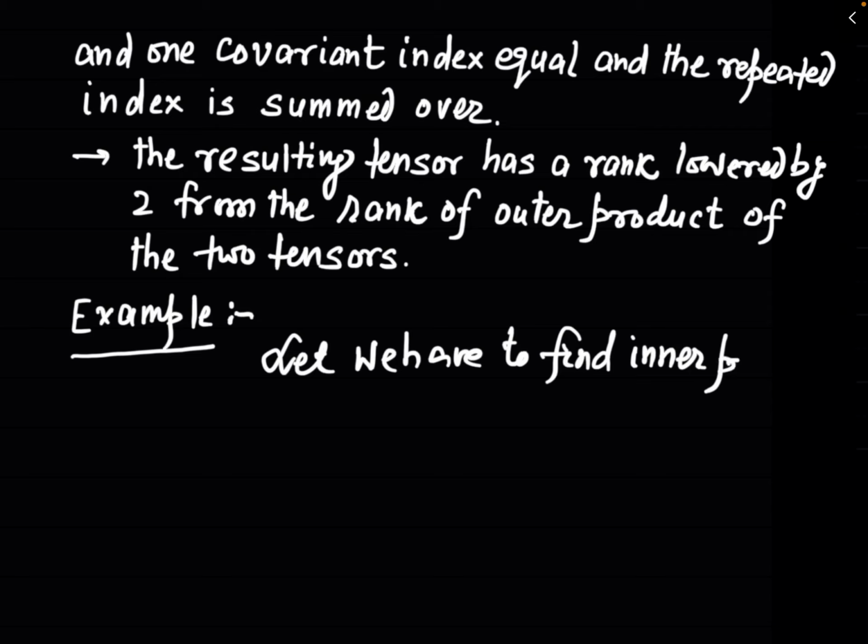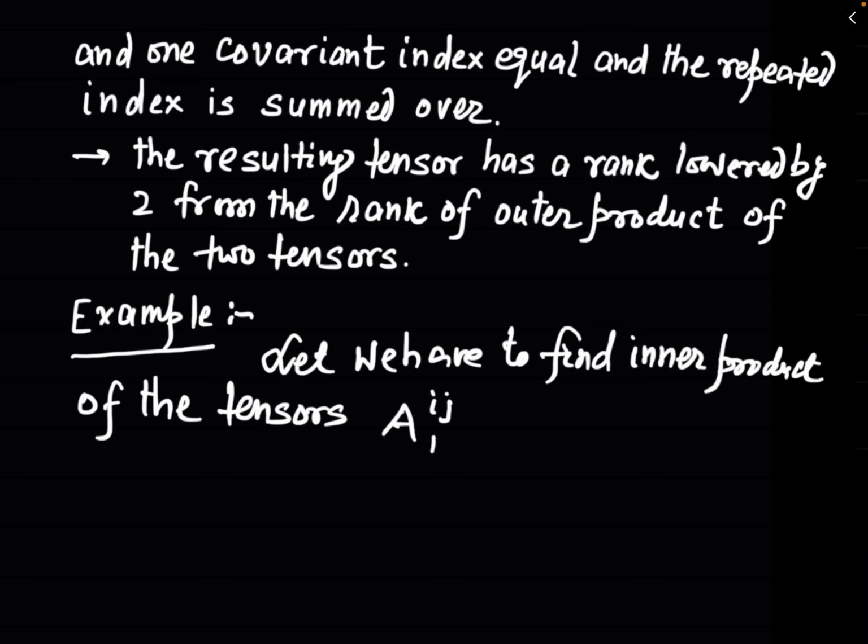Let us say the first one is A super ij sub k, and another tensor is B super p sub q. These are the two tensors whose inner product is to be found.